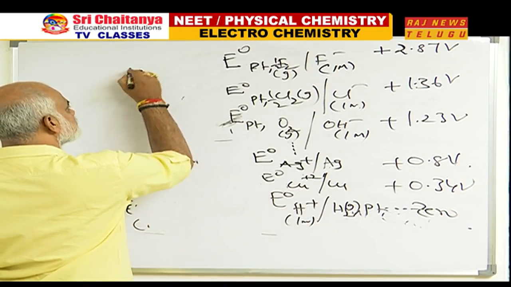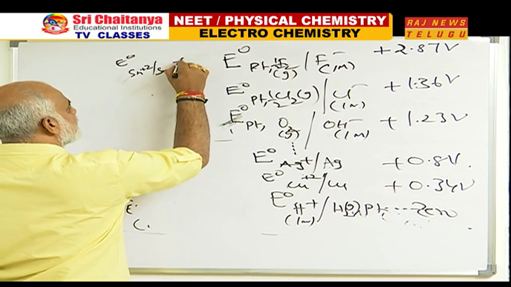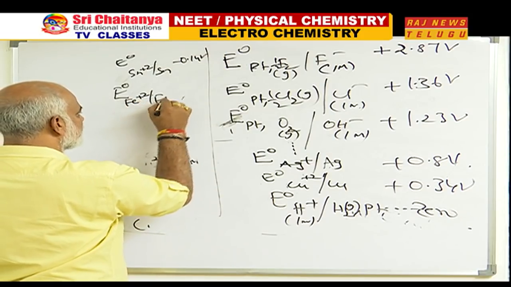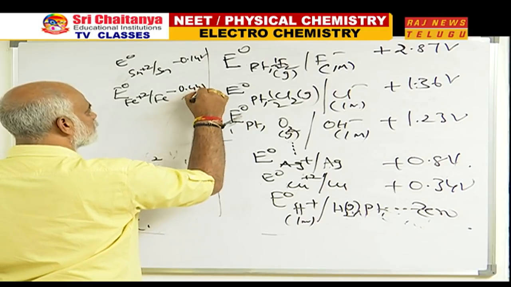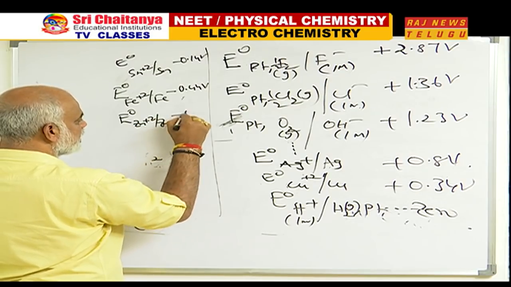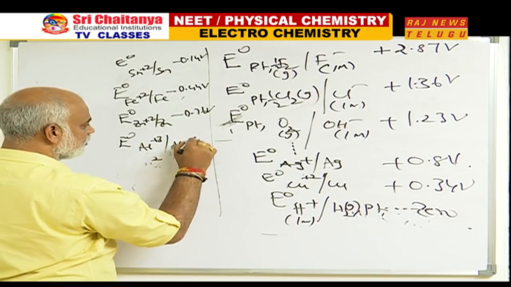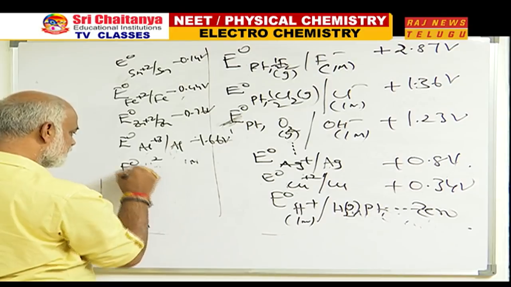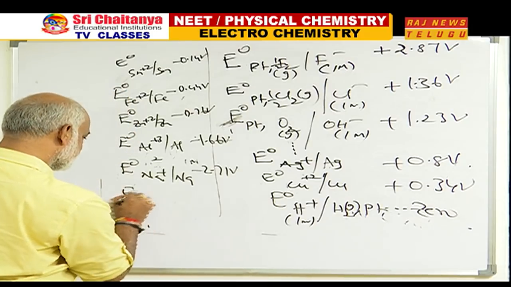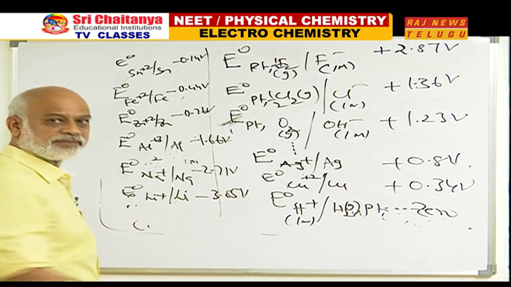Let us say E0 Sn plus 2 Sn, minus 0.14, E0 Fe plus 2 Fe to be minus 0.44, E0 Zn plus 2 Zn to be minus 0.76, E0 Al plus 3 Al minus 1.66, E0 Na plus Na minus 2.71, E0 Li plus Li minus 3.05.